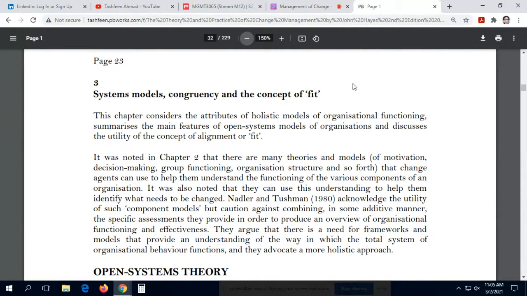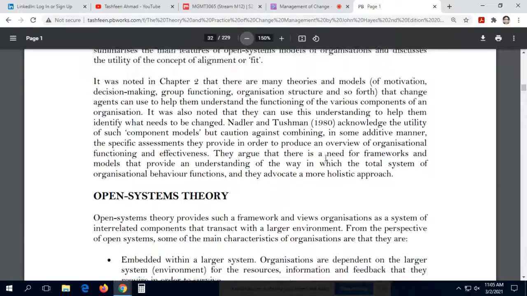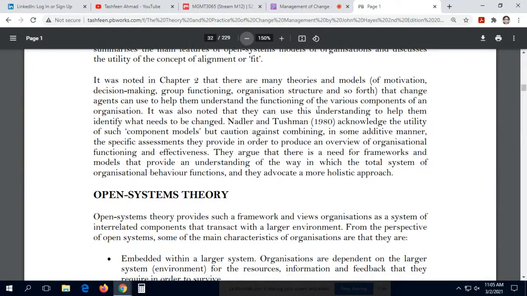A couple of things I wanted to highlight as you read this chapter in more detail. For example, in this chapter they are looking at understanding, to help them identify what is to be changed. Who is them?